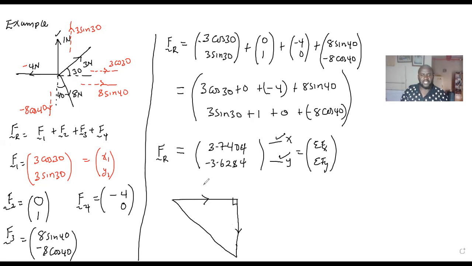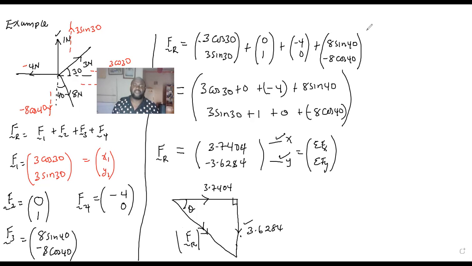So sum of forces in x is 3.7404, in y 3.6284. One may wonder, why are we missing the negative? We are missing the negative because this arrow here is showing us that you have to go down in the y. So the arrow is represented by the negative in the diagram.